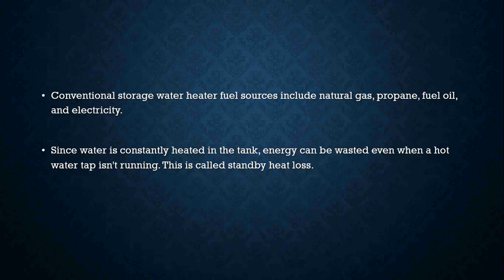One way to minimize your standby heat loss is to insulate the hot water pipe that's coming out of your water heater. Just take some pipe insulation and wrap it around your hot water pipes. It lowers the ability of that pipe to lose its heat to the surrounding air.